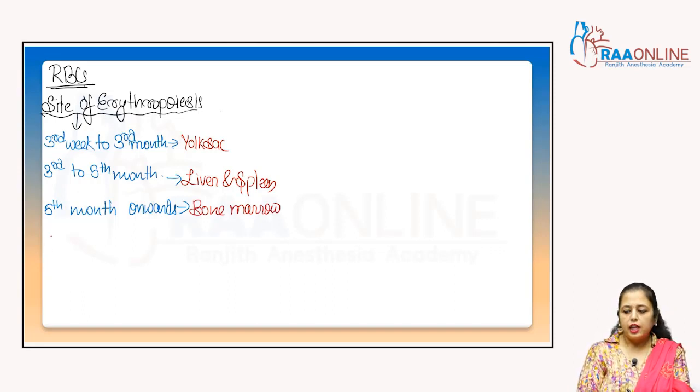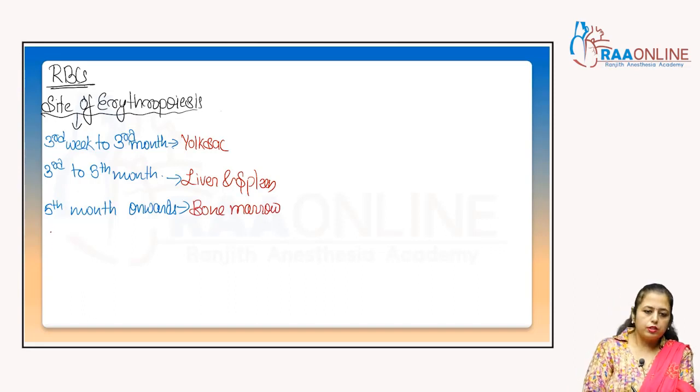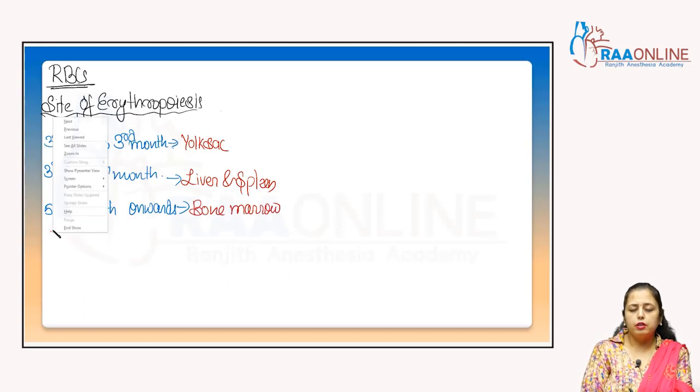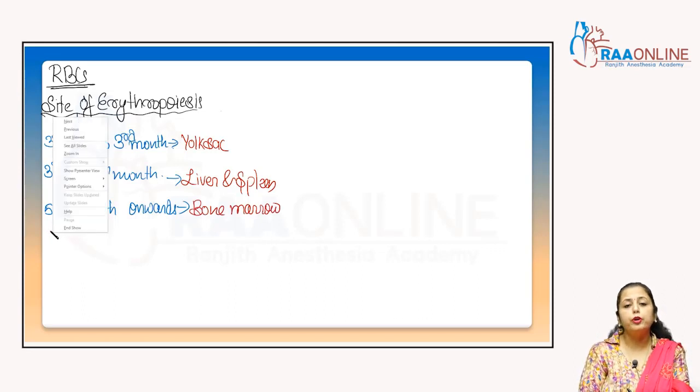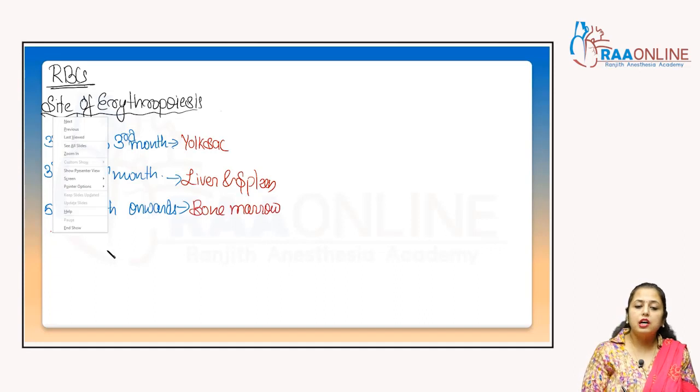Now we know the structure of RBCs in humans. Per second, 2.4 million RBCs are formed in our body, right.